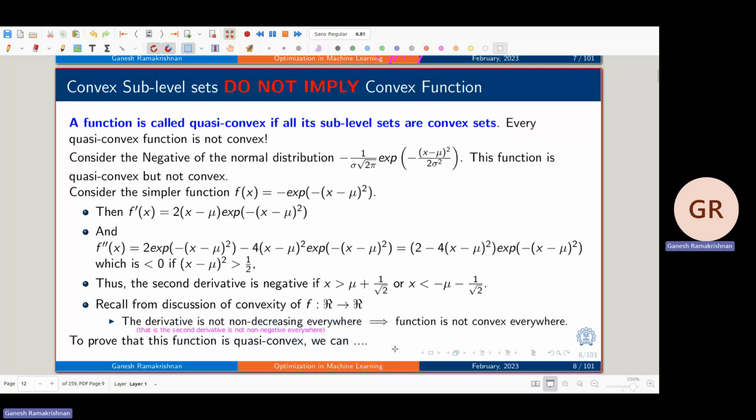So the function is basically not convex everywhere. So that's the second example. Same procedure we have used. Similarly, the negative of the Gaussian.